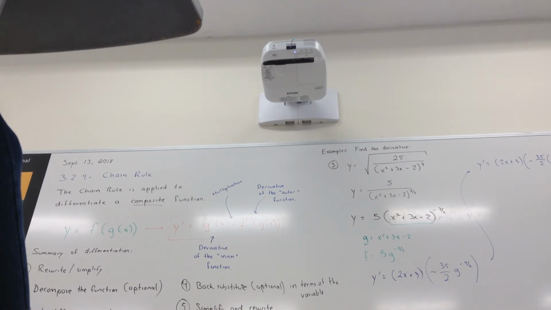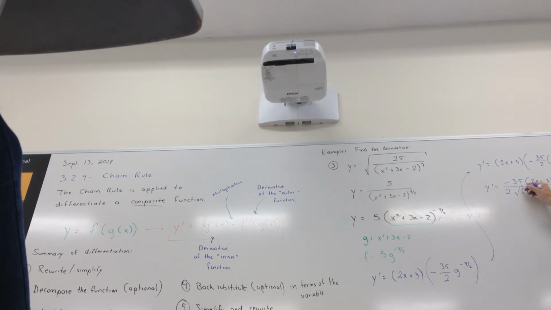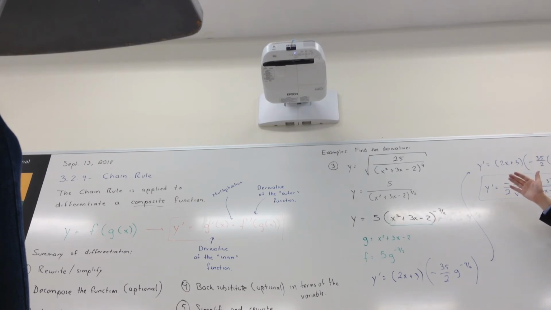And then I need to rewrite. y prime equal to minus 35 times 2x plus 3 over 2 times the square root of x squared plus 3x minus 2 to the 9 power. That's the answer. I'm rewriting everything, and then I need to put the coefficients, the numbers, at the beginning. That's the answer.